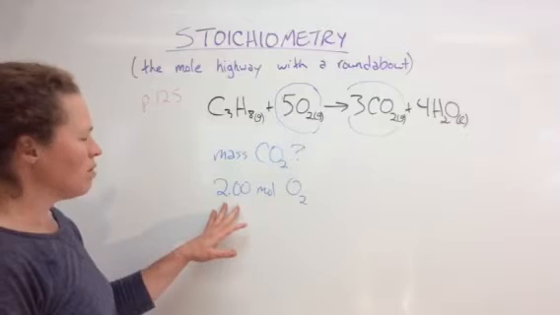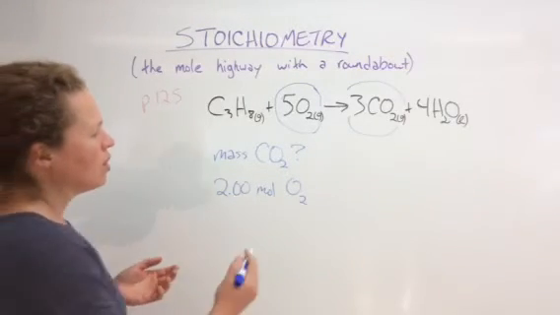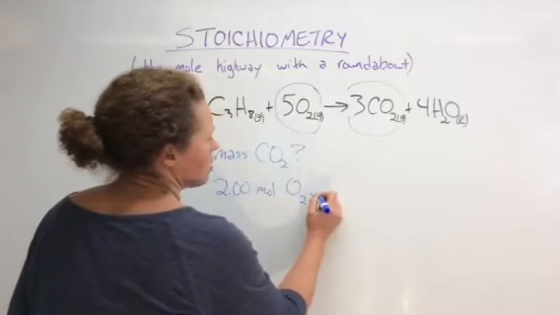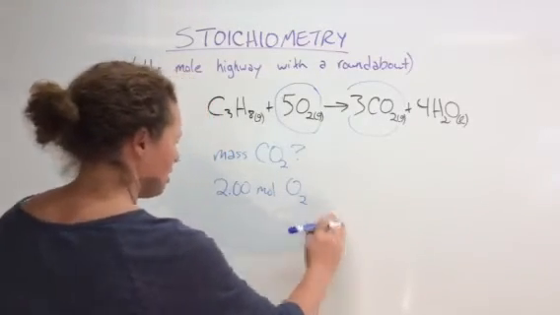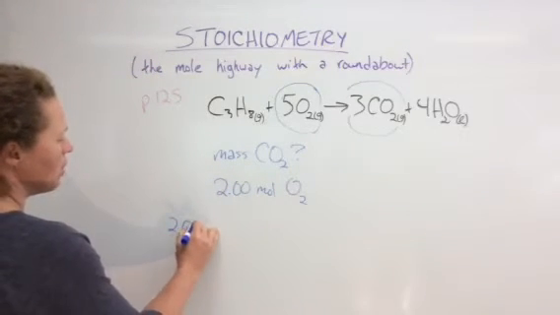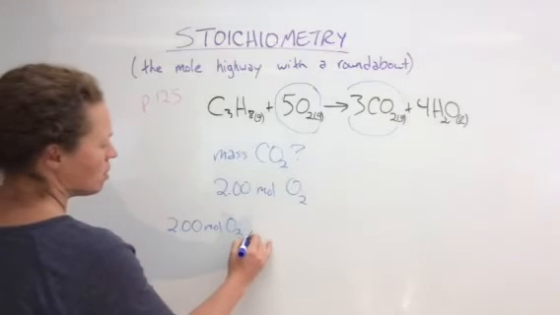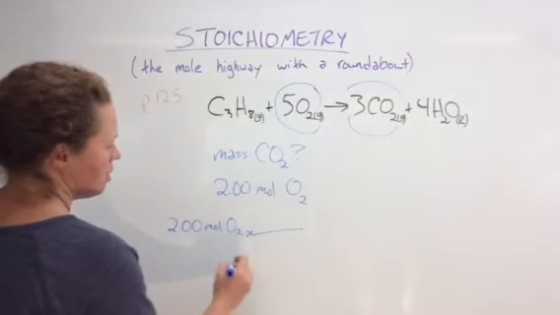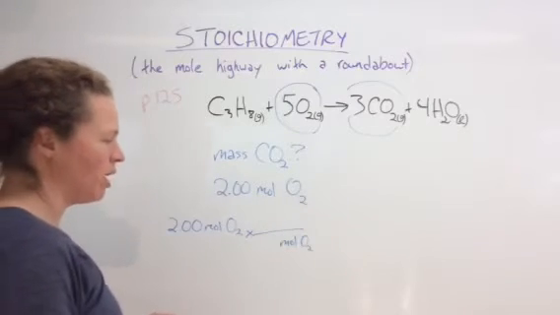And I'm going to start with my 2 moles of oxygen, and I'm just going to create a little mole highway that's going to get me where I need to go. Actually, I think I'm going to move this down just a little bit so that I've got a bit more space to write. So I've got 2 moles of oxygen to start out with, and I know that I don't want moles of oxygen, so I'm going to put the moles of oxygen on the bottom.